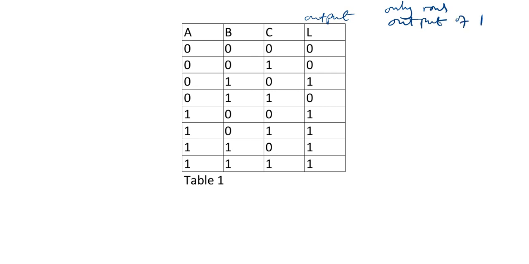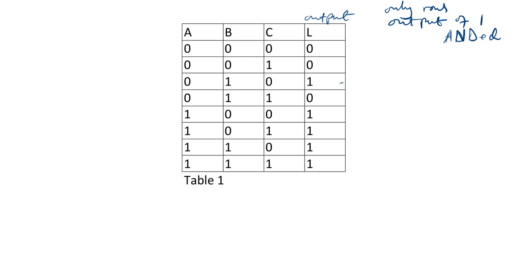You consider the rows with output of 1, and what you do, you write the equivalent ANDed expression for the particular row and all the rows.